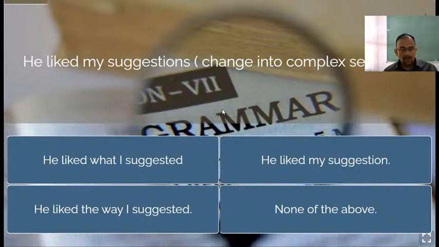subordinate clause. So tell me which one do you think is the complex sentence here in this particular sentence? He liked my suggestion.